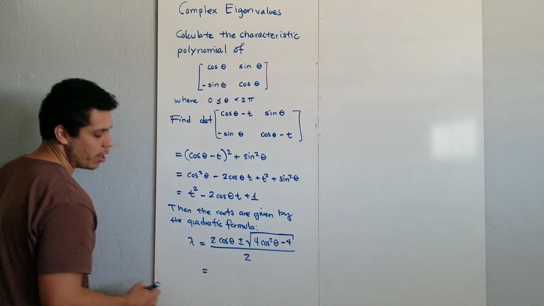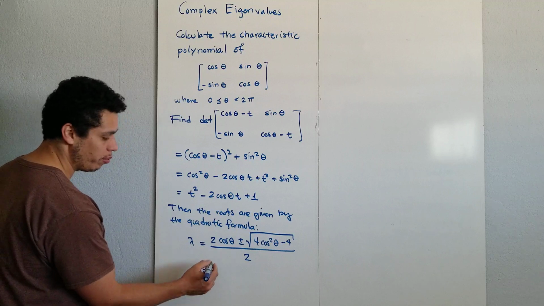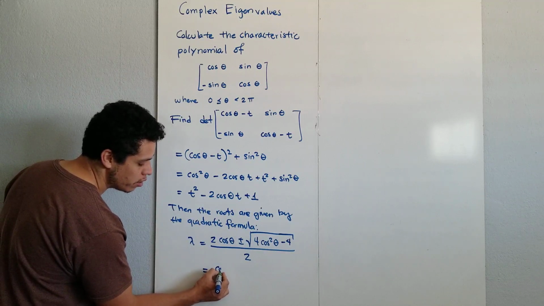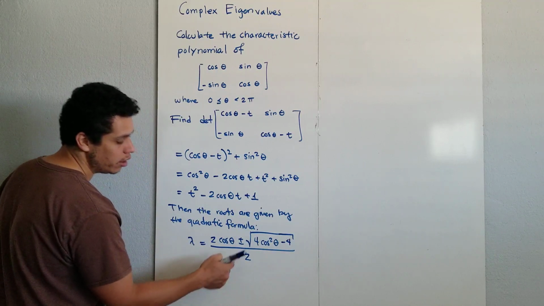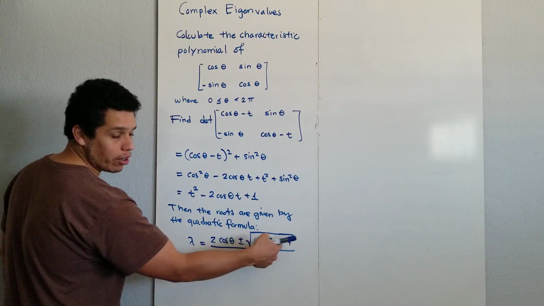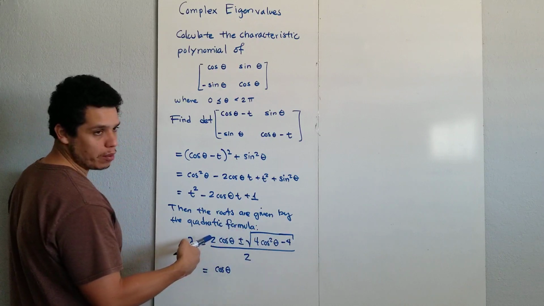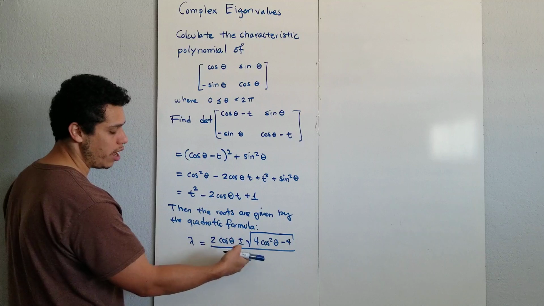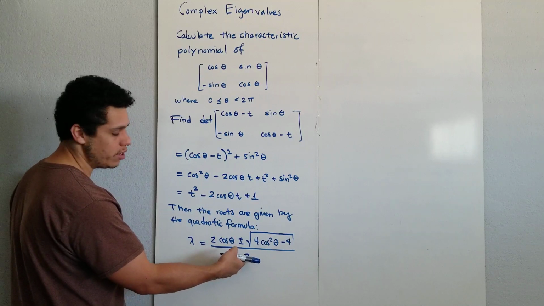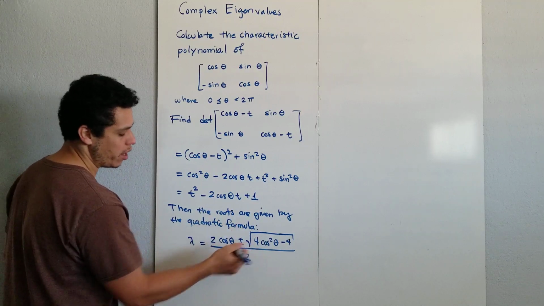Now, expanding on this, I have that this is cosine theta. Since I can factor a 4 from this expression, it becomes a 2 out of the square root sign. So since I have this dividing and I will have a 2 and a 2 here, I can cancel.